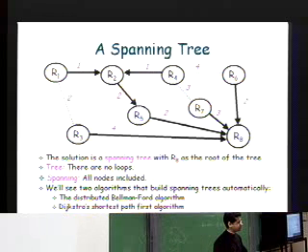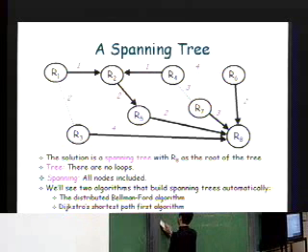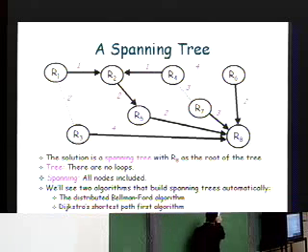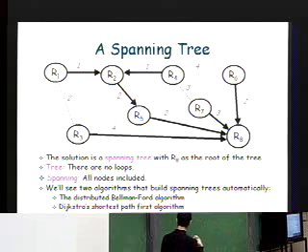Then you assume the cost is the same. Well, you don't have heuristics. You actually have a well-defined algorithm that will do it for you.